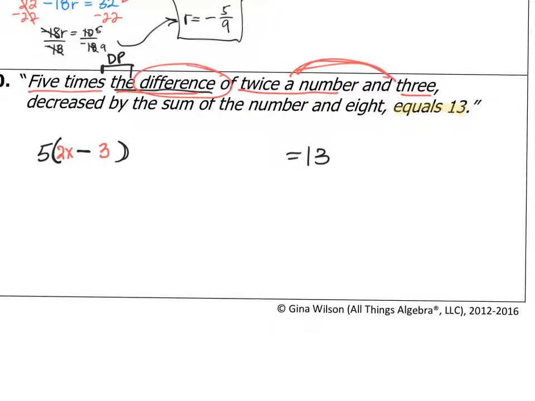So we got 5 times the difference of twice a number and 3, decreased by, so this value is going to be decreased by the sum of the number and 8. Okay, so this value is going to be decreased by this value.